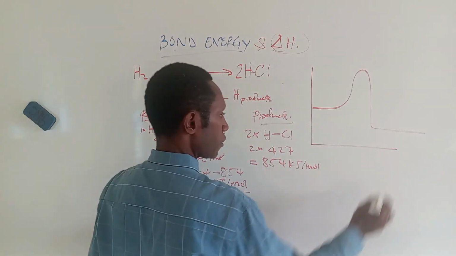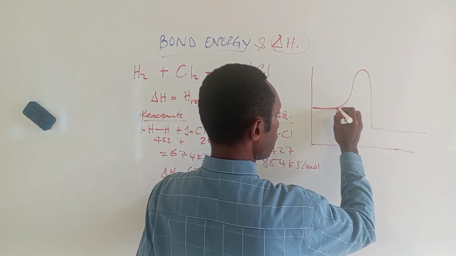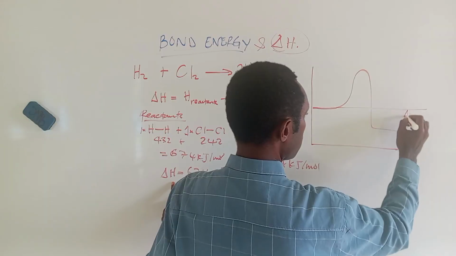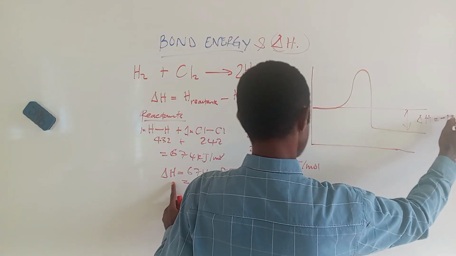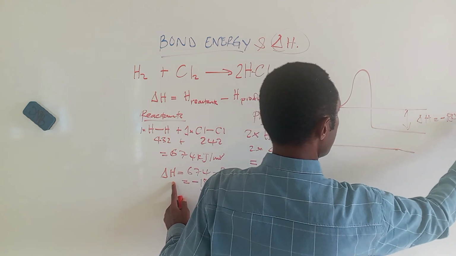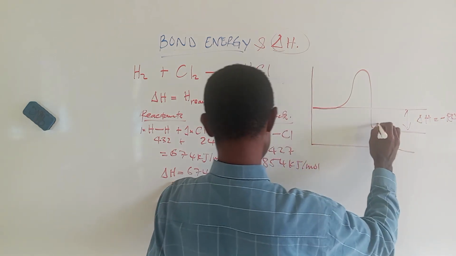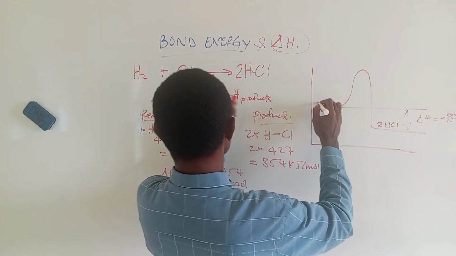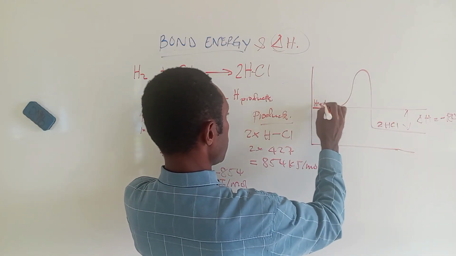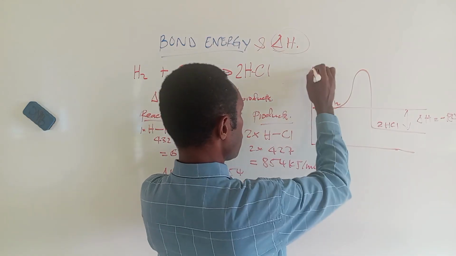That's for an exothermic reaction. And this one is the enthalpy, equal to minus 180 kilojoules. And this one is the products, 2 HCl, and the reactants H2 plus Cl2.